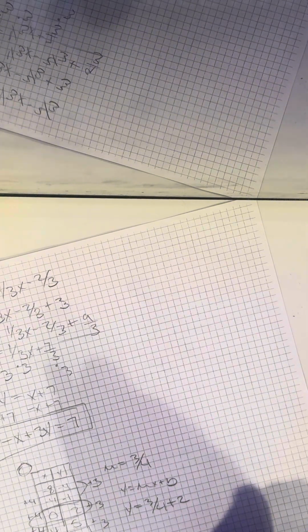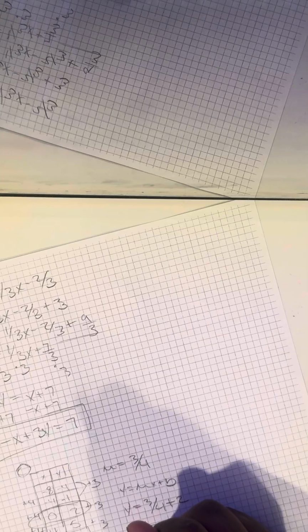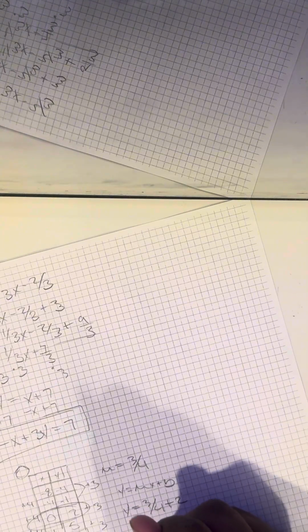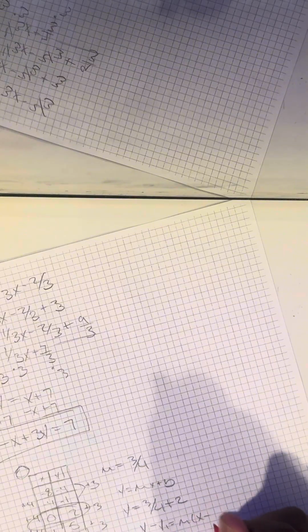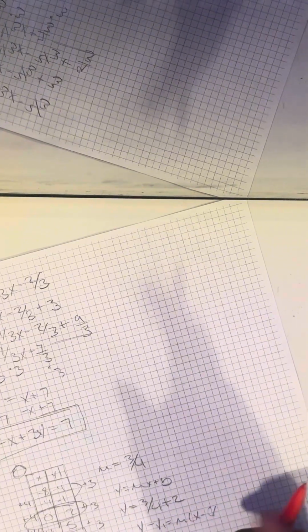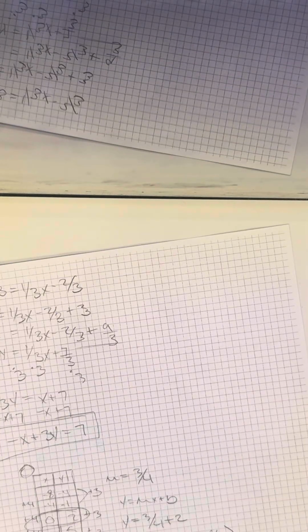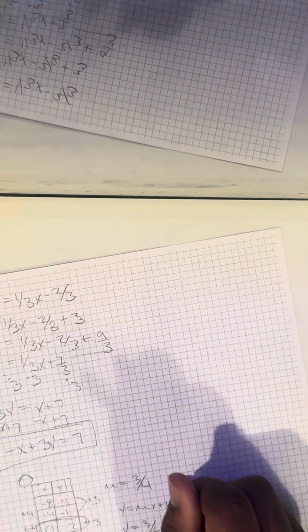So now we plug it back into the formula we used earlier, y minus y1 equals m times x minus x1. We can pick any point, so we can also use 0, 2 like we used over here.